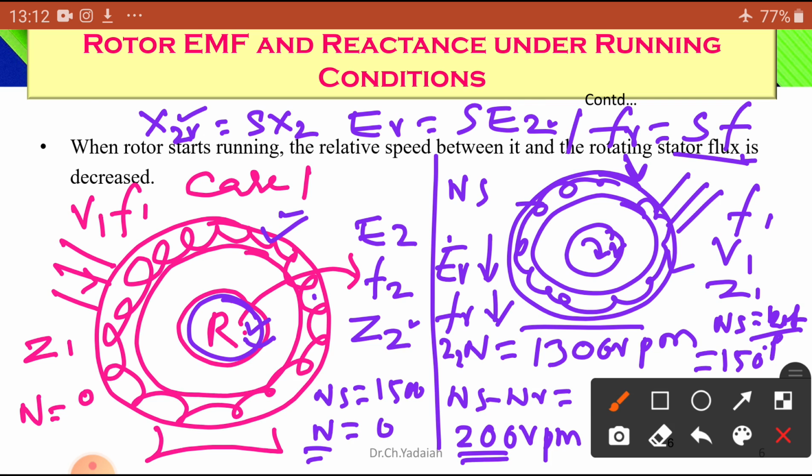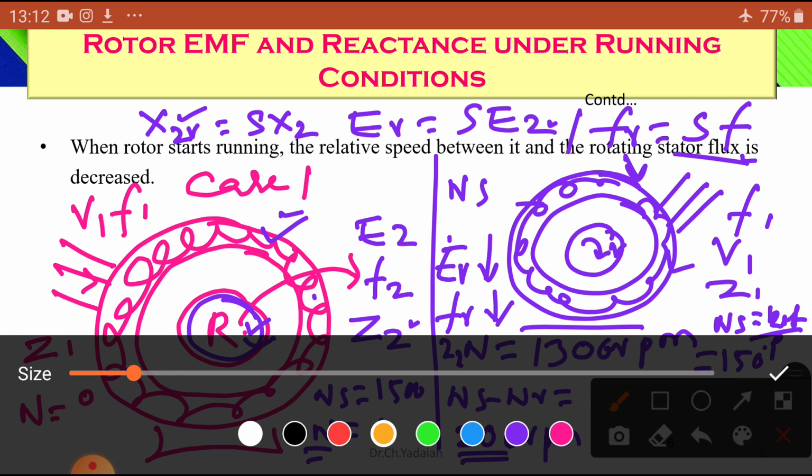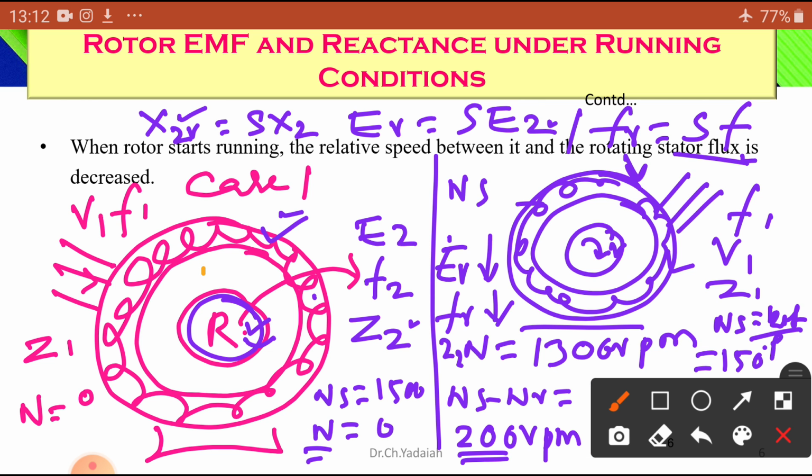So, dear students, please remember that this case is at rotor yet to start, at rotor blocked, that is, the rotor is at standstill position. This is the rotor under running condition. For example, we take 1300 rpm, where the slip speed is 200 rpm. At that condition, we have seen which values change. These parameters we have already seen in previous classes.